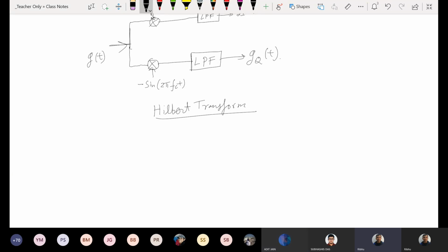Unlike those, the Hilbert transform is not moving from one system of coordinates to another.